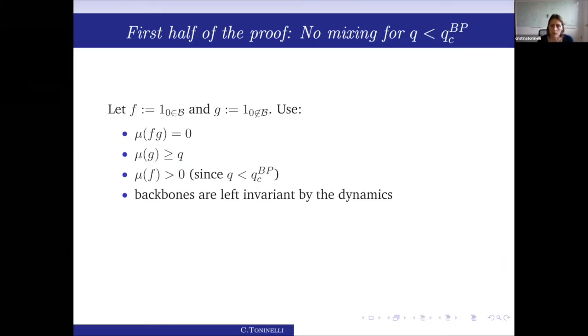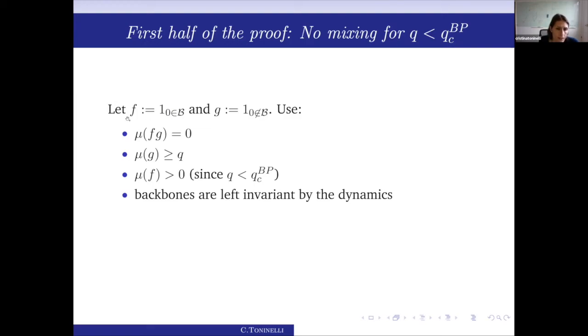Okay, so just to give you a flavor of the proof. Why is this critical density the same as the one for the bootstrap process? First of all, suppose the value of Q in our dynamics is smaller than the critical density of the bootstrap percolation.